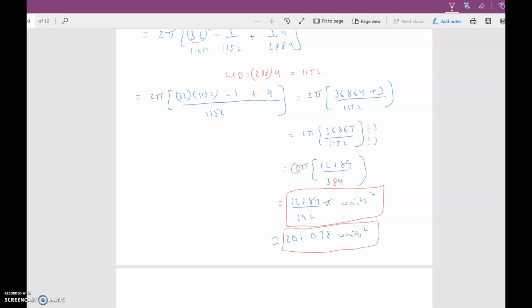Okay, let me double check just the decimal approximation. Okay, 201 and a little bit.